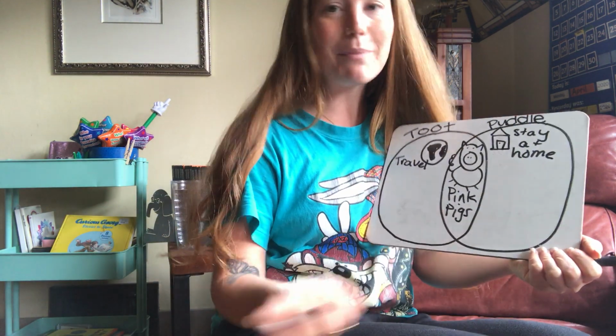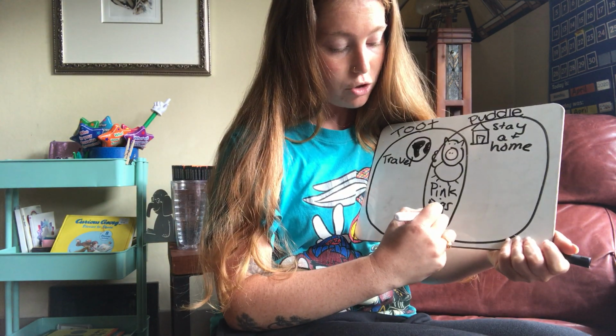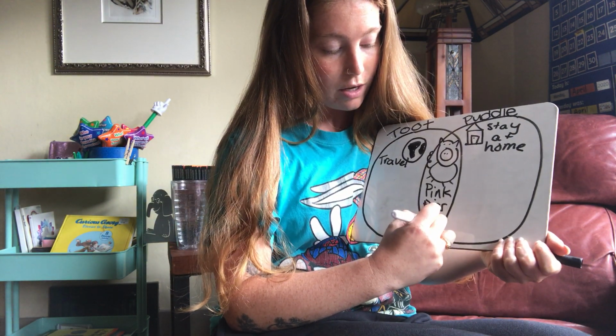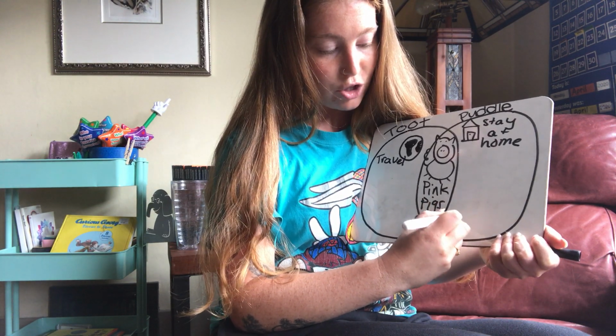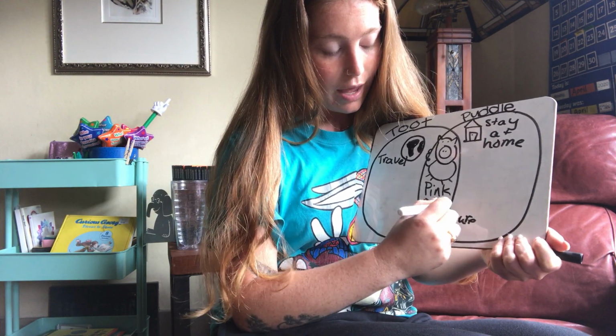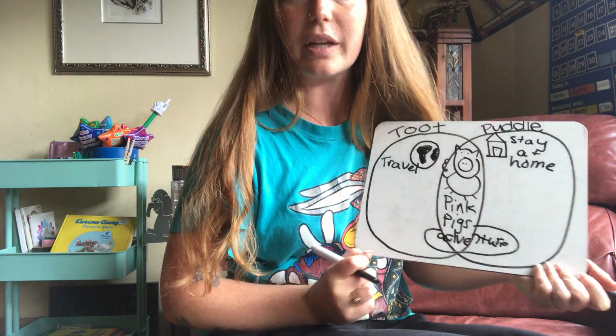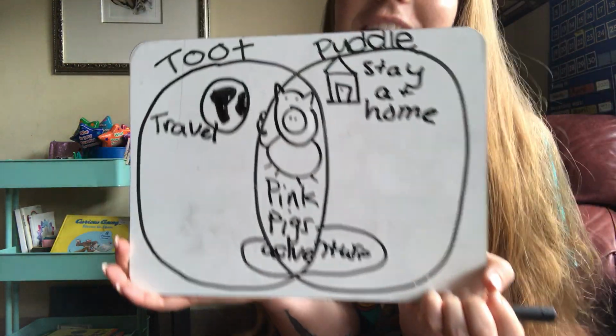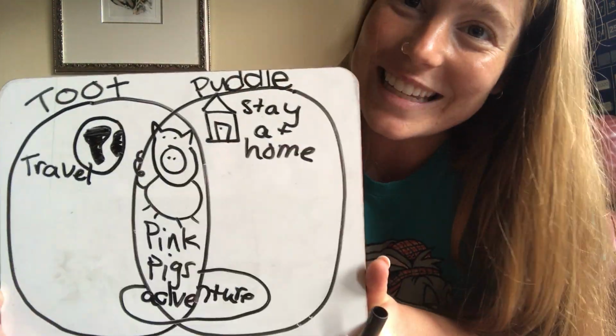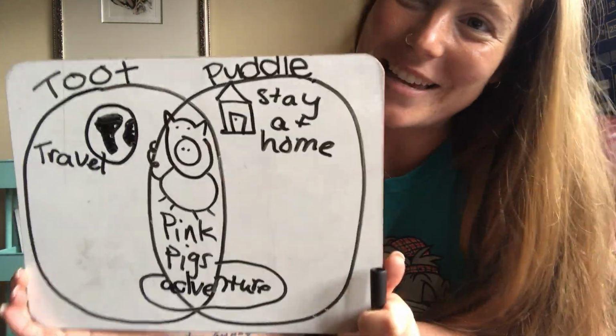I'm kind of running out of space here, but that's okay. I can be flexible. I'm just going to try to fit the word adventure as well as I can, and then I'll circle it so that we know that this is supposed to go here. Now, when I look at this, it looks a little messy. It doesn't look perfect by any means.